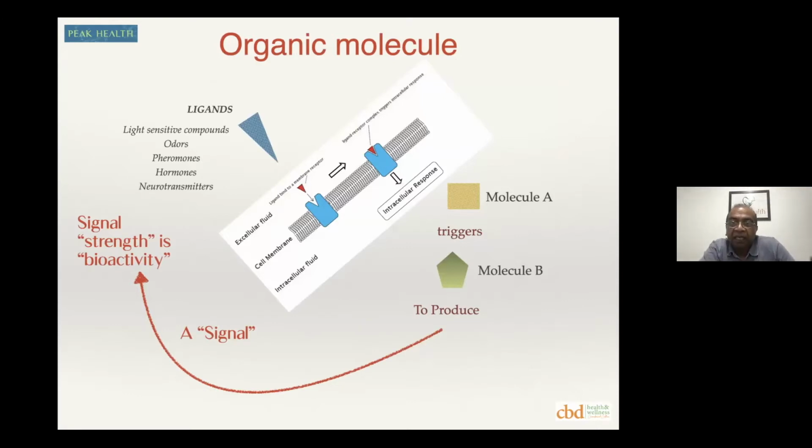In the organic molecule case, especially when it comes to interactions in the human body, the molecules that cause the ripple effect, or cause things to happen, are called ligands. So when you smell something, the perfume, that's the molecule that interacts with our nostrils.